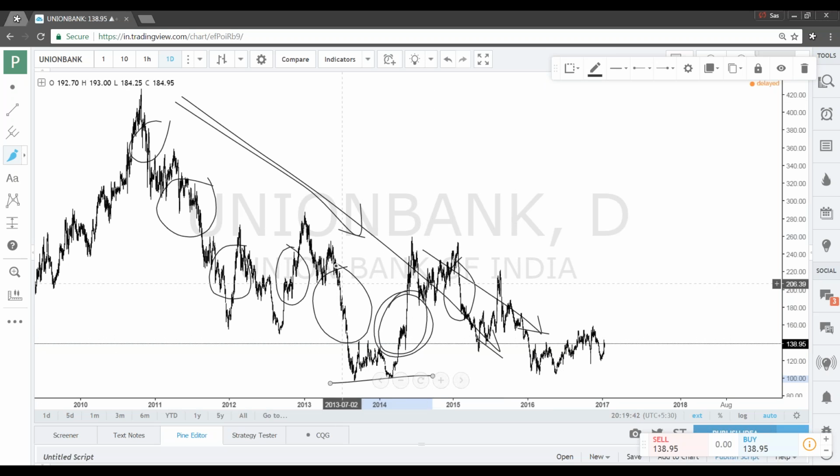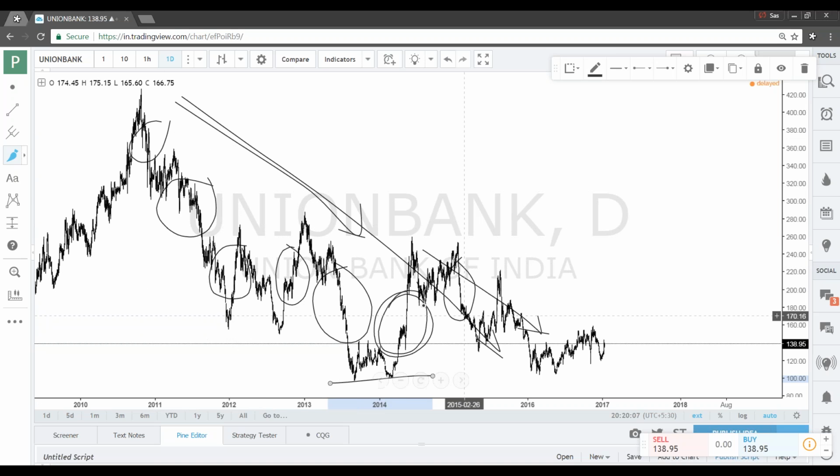I have not analyzed its waves to suggest you to buy or sell, but what I'm saying is, in the overall picture, if you see each move, the nature of this move and the nature of this whole move is choppy. This move is choppy in nature, but inside again there is an impulse.